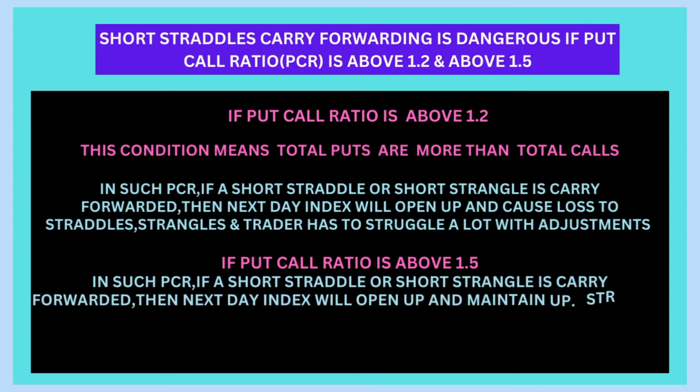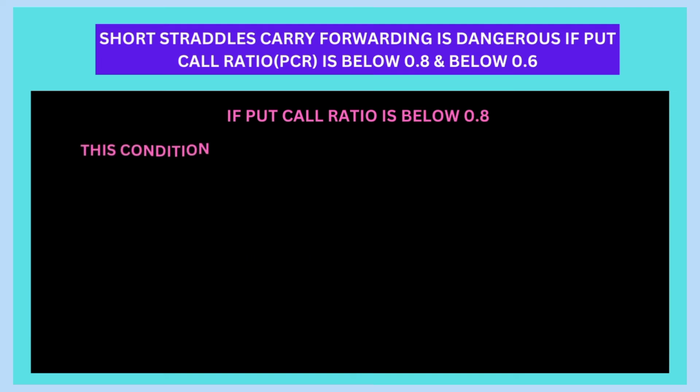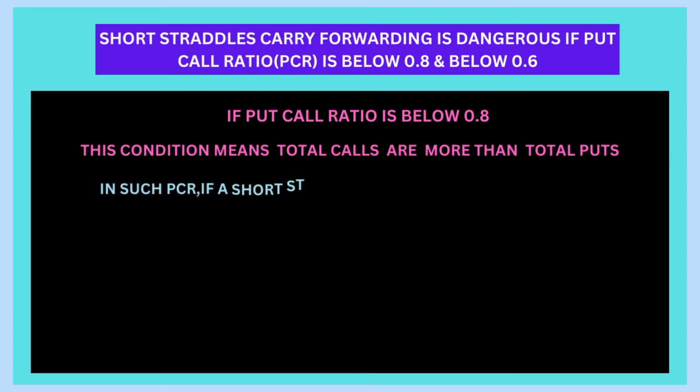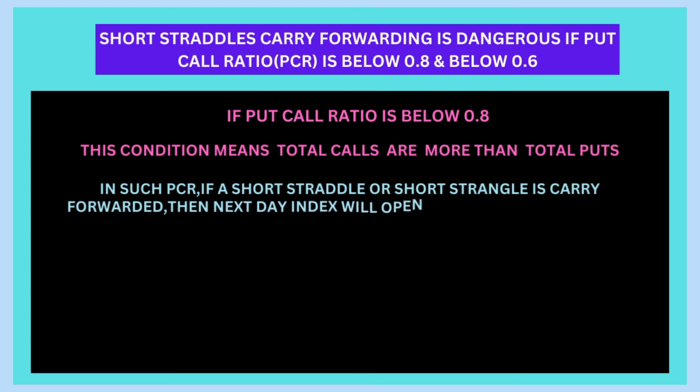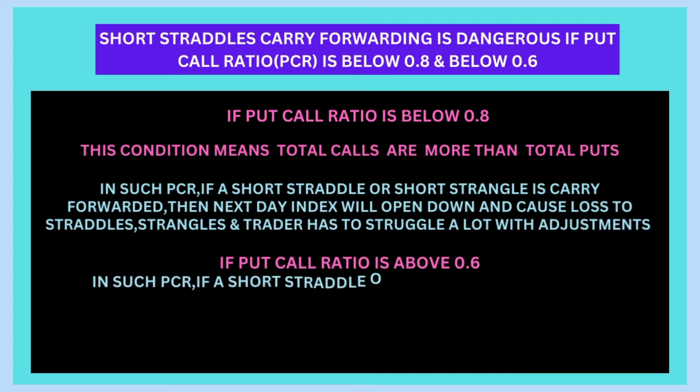If the put call ratio is 1.2 or 1.5 above, then don't carry forward a short straddle or short strangle, because it opens up. If it is 1.2 or 1.3, it will allow a chance for you to do adjustments and recover your losses. If it is 1.5, it will open up and straight away go up and you will incur heavy loss. This is if the put call ratio is 1.5.